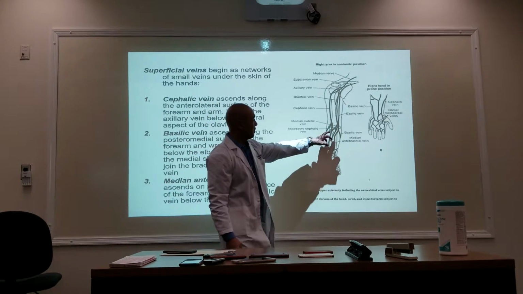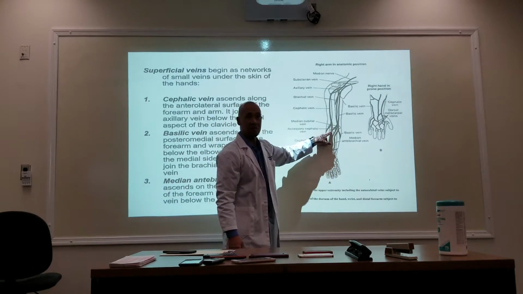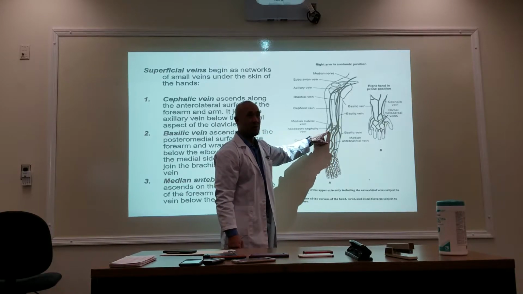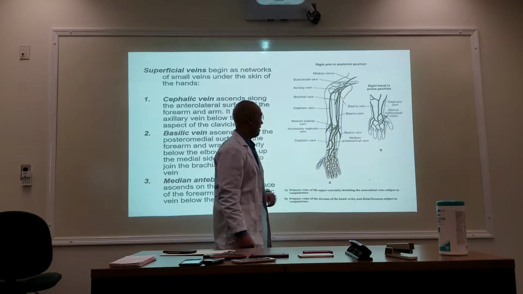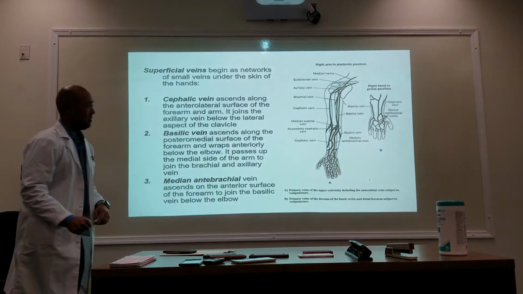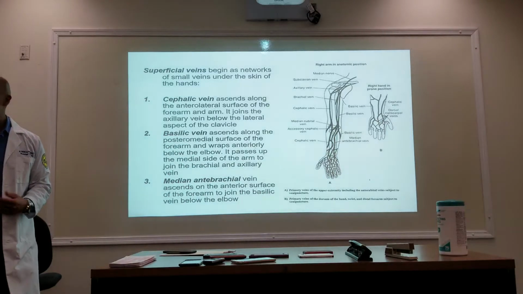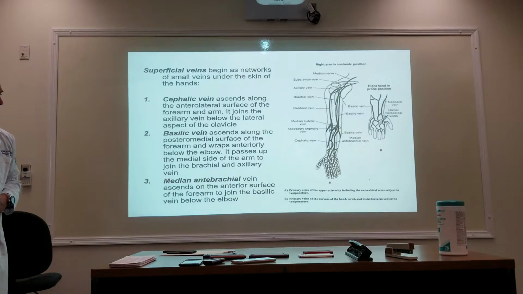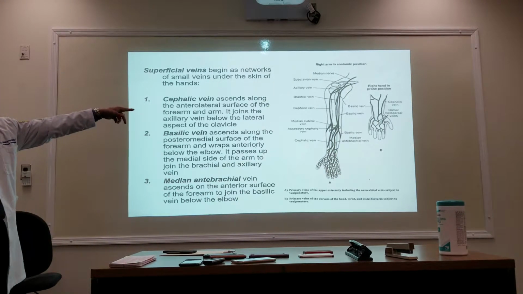And this is where venipuncture generally occurs because you have all these veins. They're nice and plump, they're very superficial, hopefully easy to access, okay? And that's generally where we do our venipuncture. Now, can we do venipuncture on any other one of those?